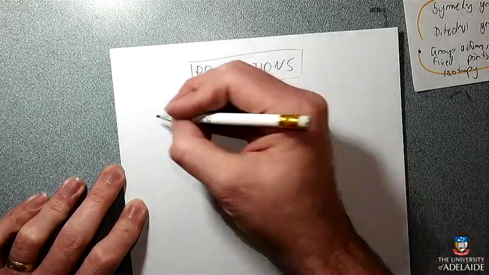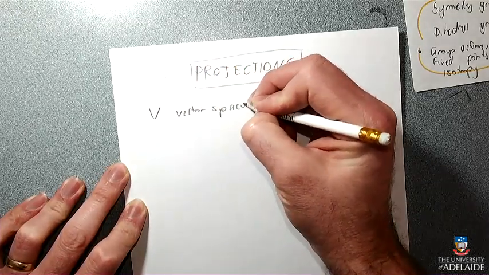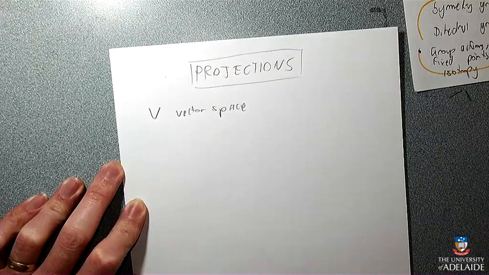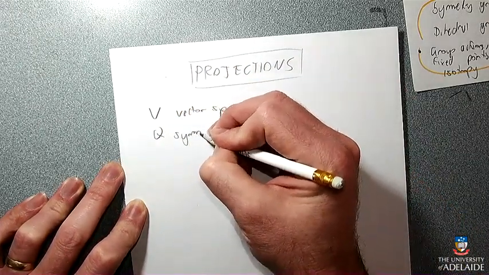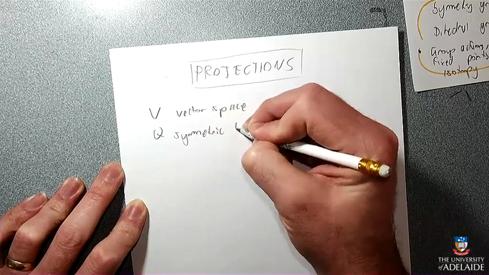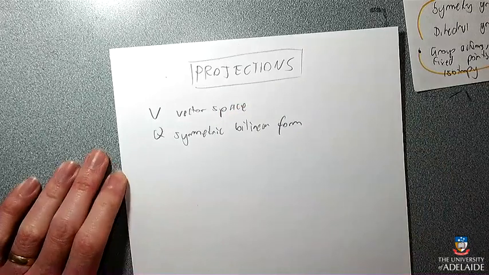So we have V as a vector space, and we have Q a symmetric bilinear form.